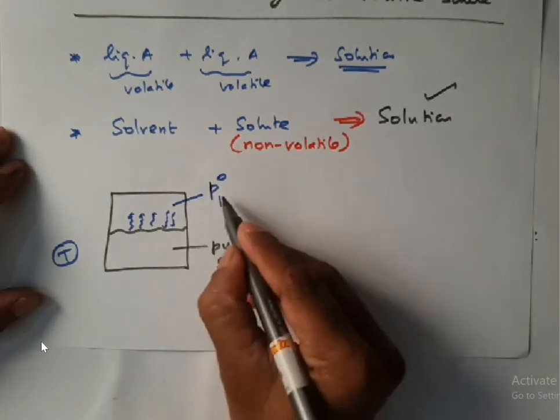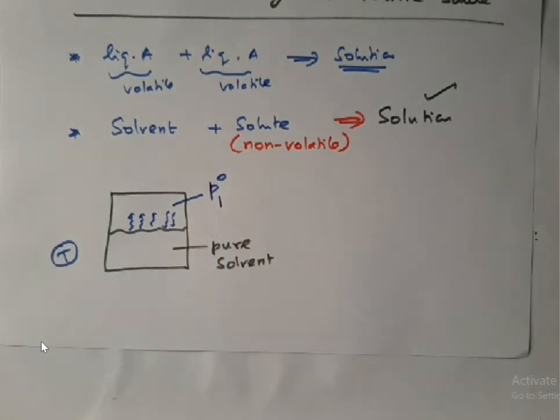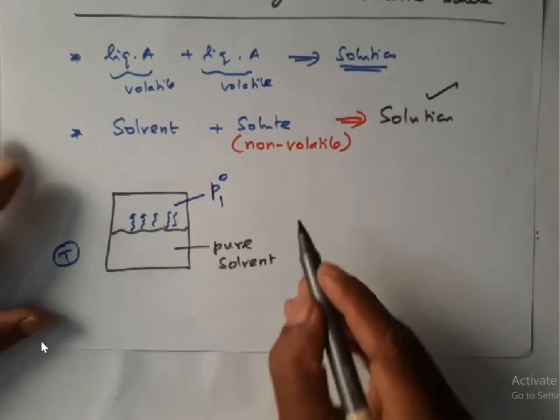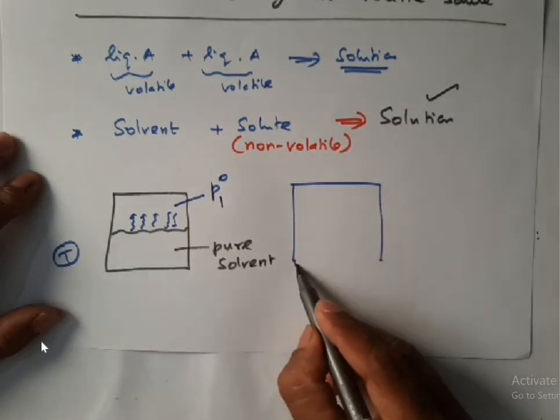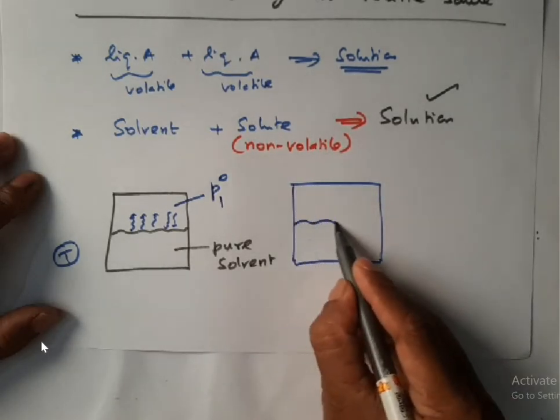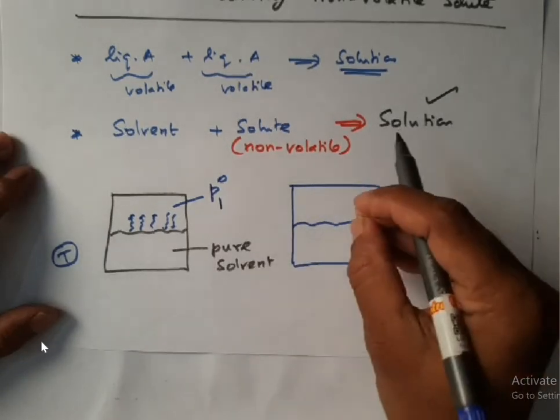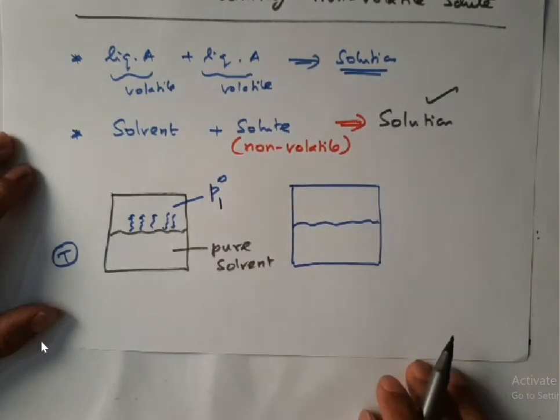For solvent, I'll put number 1. Number 1 indicates solvent, right? I have told you already. In solution topic, number 1 means solvent, number 2 means solute. Okay, this is pure solvent. Now students, observe this carefully. Now I'll take this pure solvent, I'll put some amount of non-volatile solute in this.